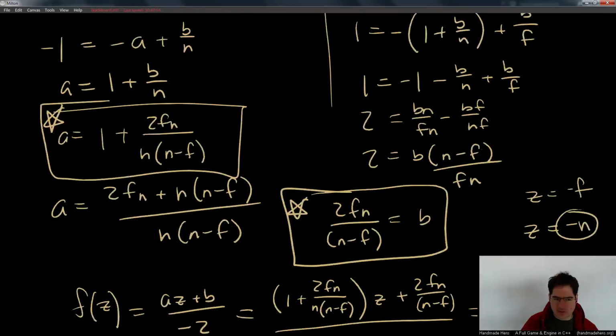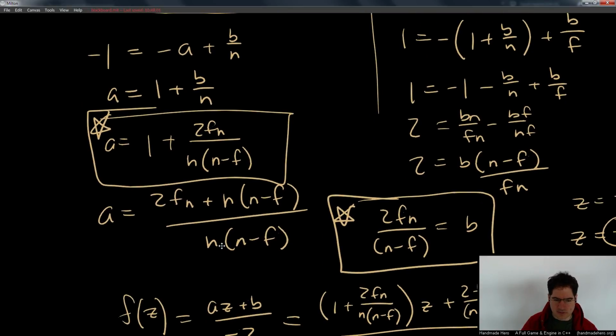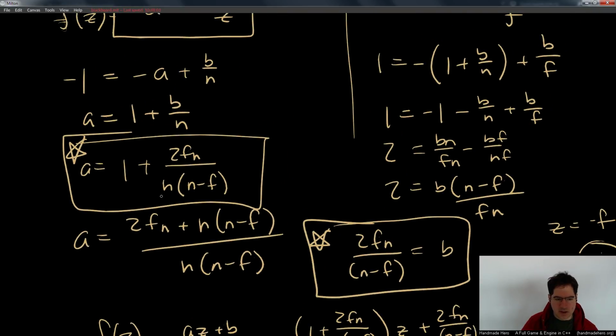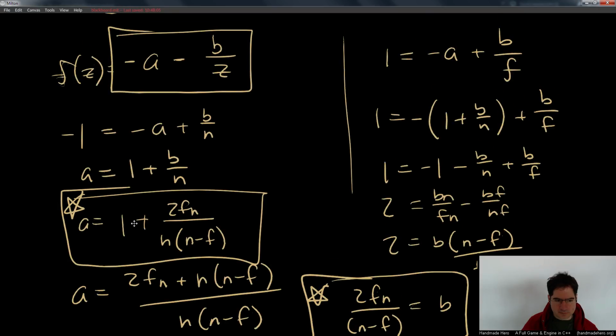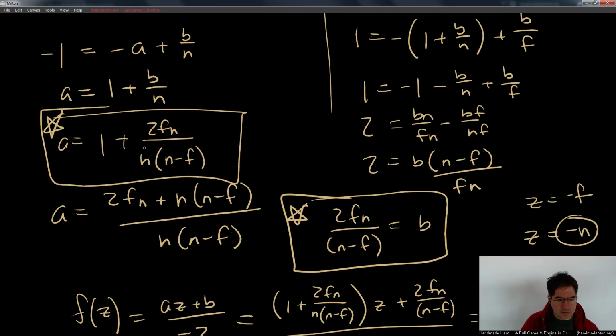So let's substitute, well, I guess we can't even substitute back in, because we know this term is garbage. We know the a term is garbage, right? So when we substitute that back in, b over n, we get the 2fn n minus f, and that's divided by n on this side.